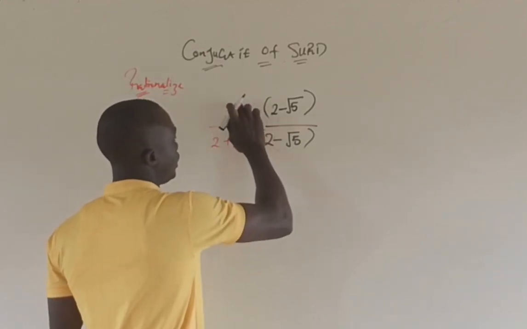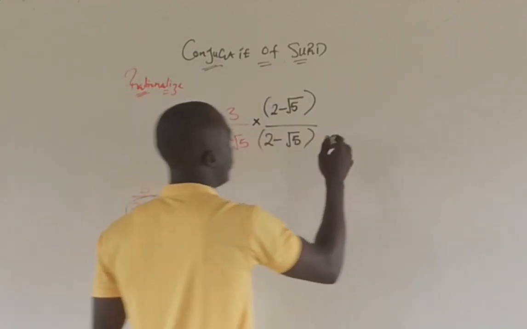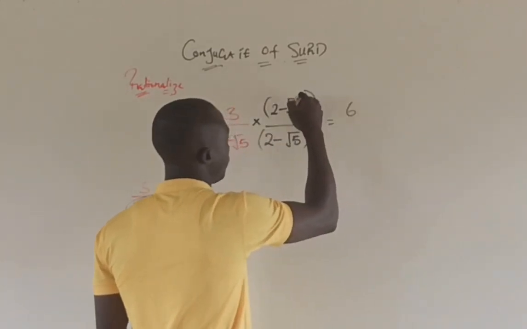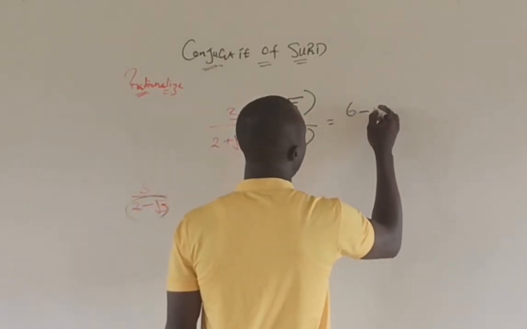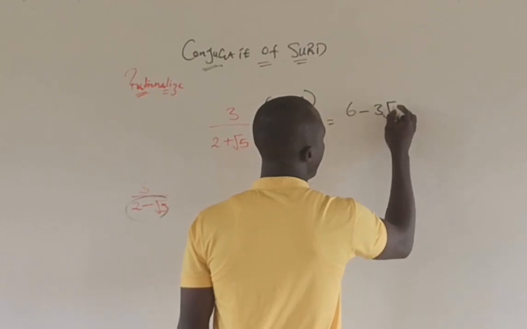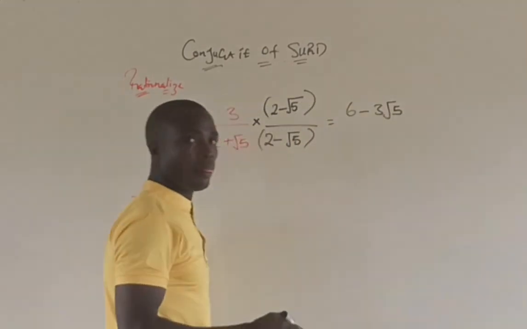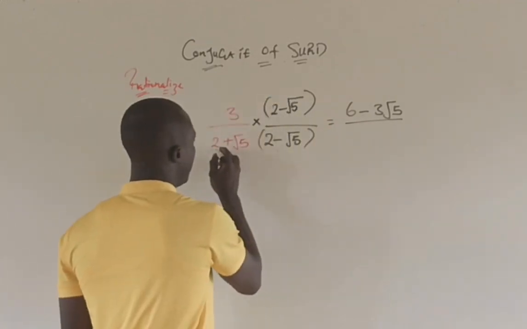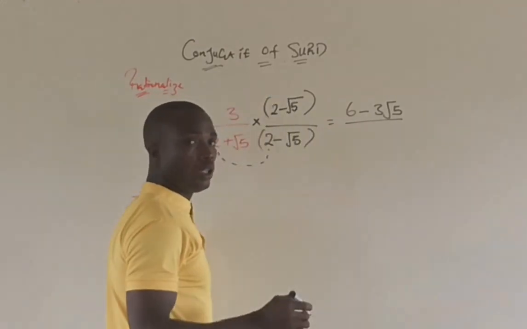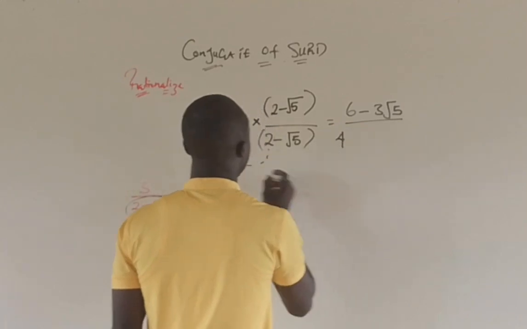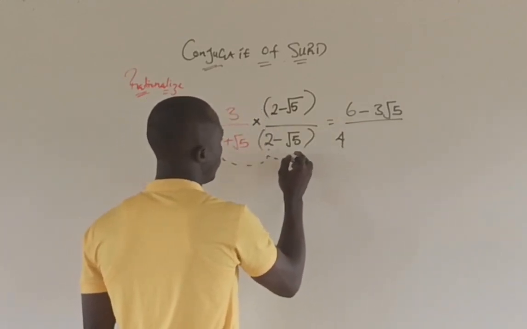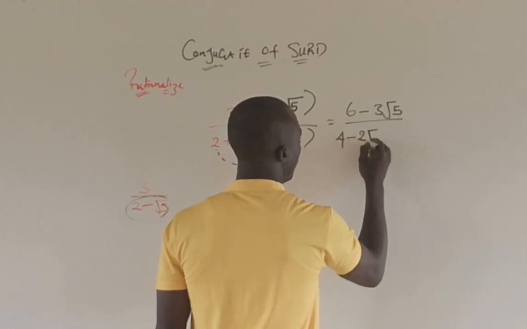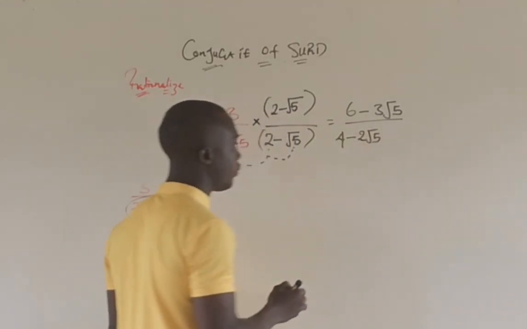What you do here is this. You say 3 times 2 will give us 6. 3 times minus root 5 will give us minus 3 root 5. So you divide. Then 2 times 2 will give us 4. 2 times minus root 5 will give us minus 2 root 5.